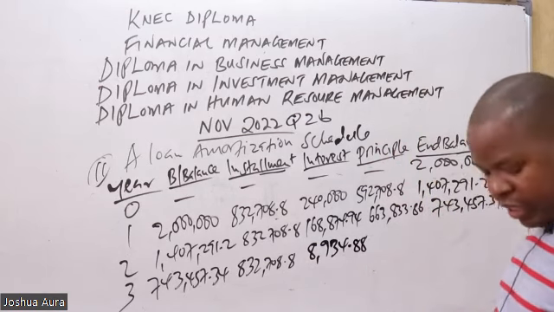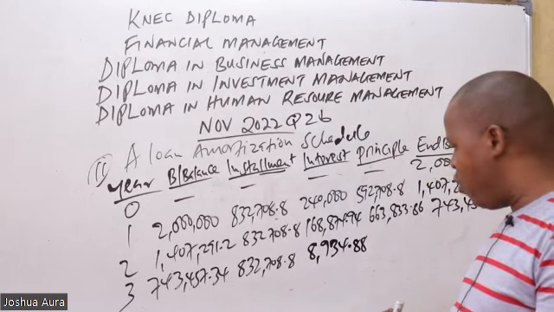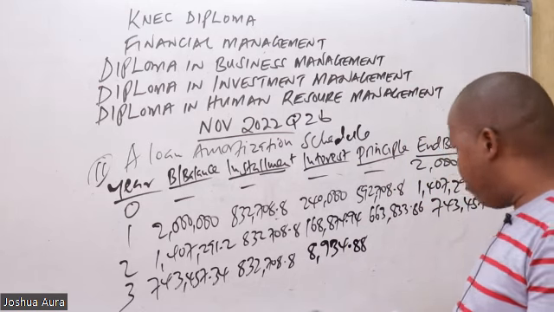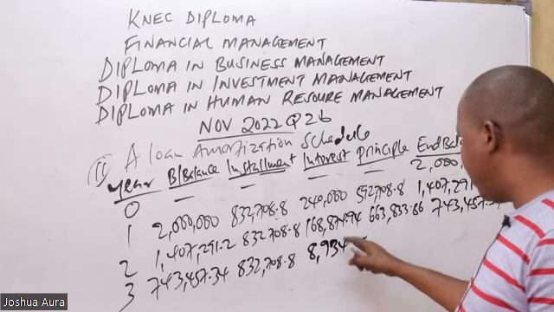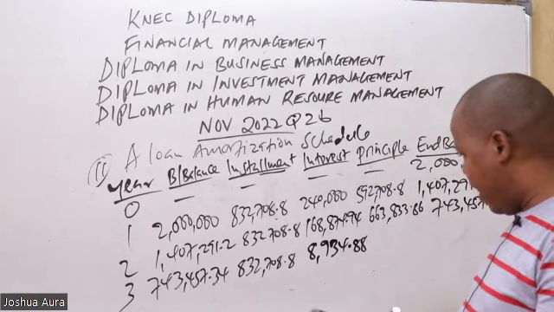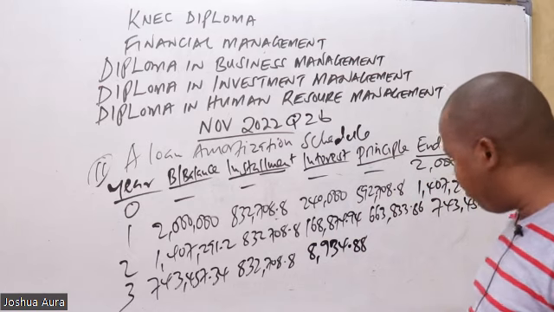8,934.88. Now, what is our principal? We take the installment, 832,708.8, minus the interest, which is 8,934.88. So what is our principal amount?